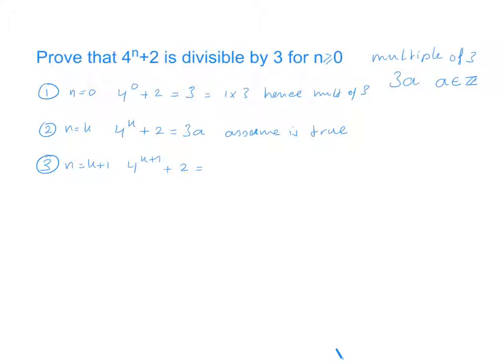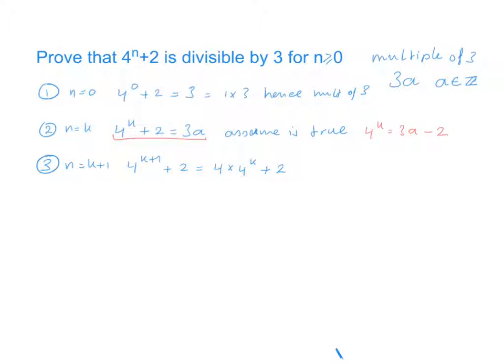4 to the power k plus 1 is 4 times 4 to the power k, plus 2. And now I'm going to use the assumption in part 2, and I'm going to rewrite it as 4 to the power k is 3a take 2. So I've isolated the 4 to the power k part as 3a take 2.